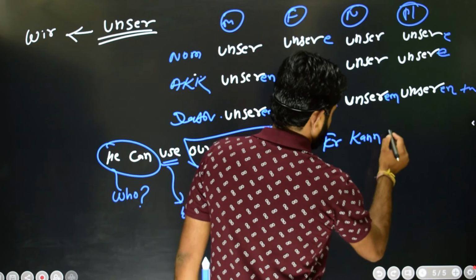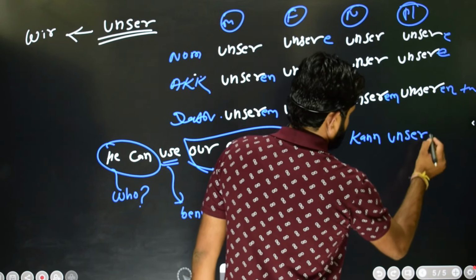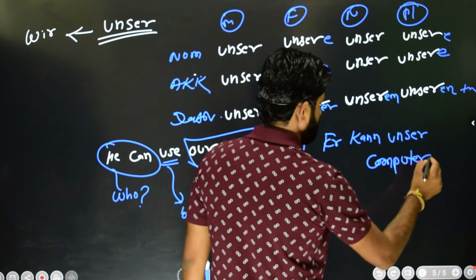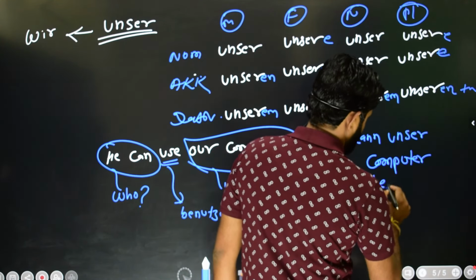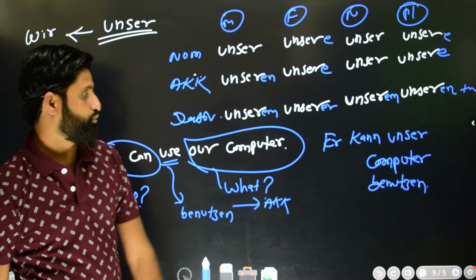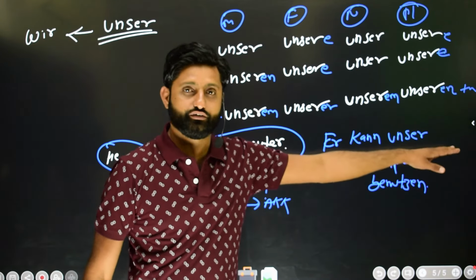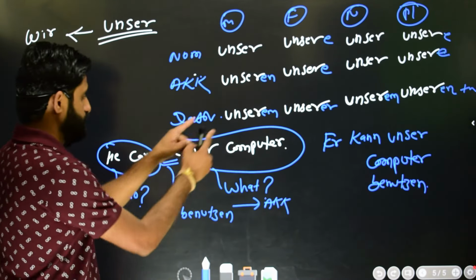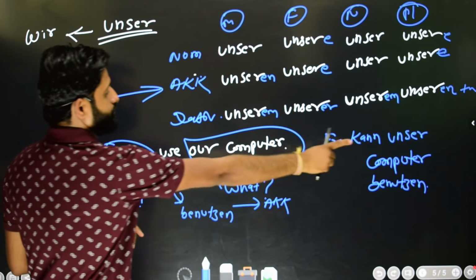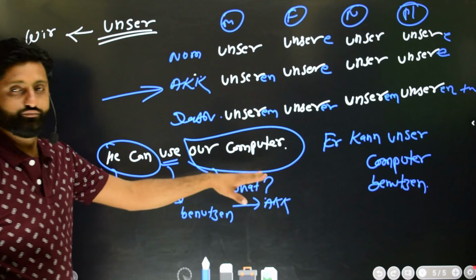Kann unser, I kept here the blank, benutzen. Now guess, what ending should I use here? This is nominative, this is accusative, so where will we shift? We will focus on this accusative for this part. And what is the article of the computer?